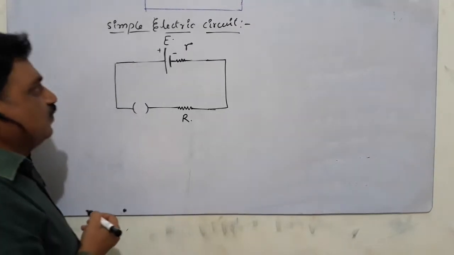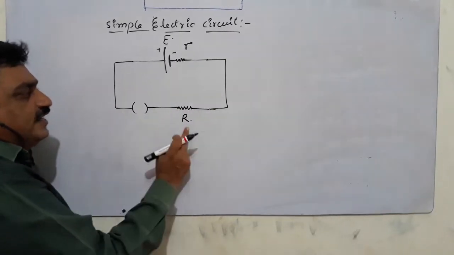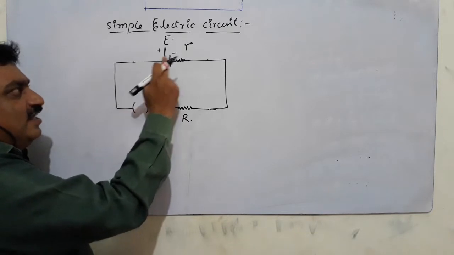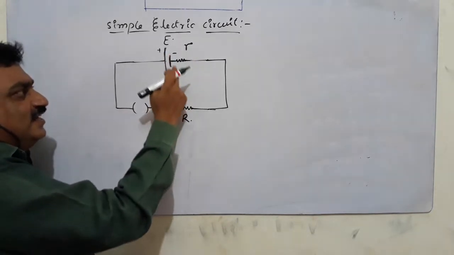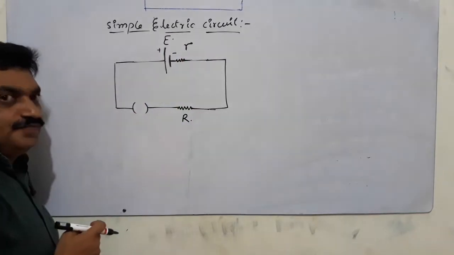If you observe carefully, in this circuit, external resistor is there, cell is there, and inside the cell there is some resistance and is represented just like that.